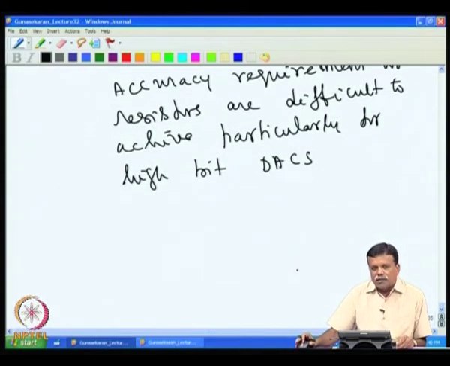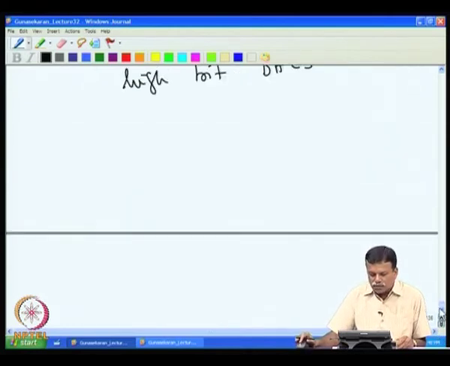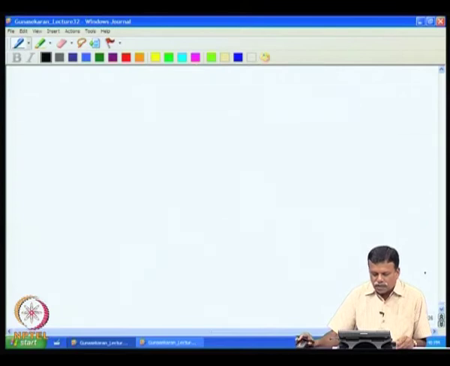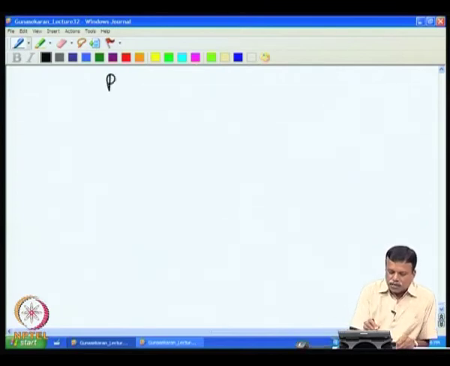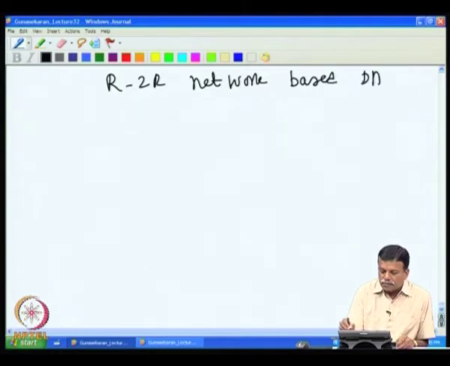So, this is the main drawback of this. That is why we have R to R network based DTA converters. So, we will see how the R to R network based DAC works.